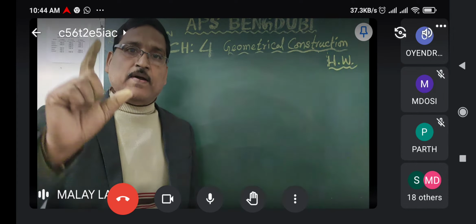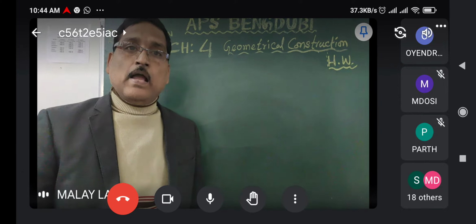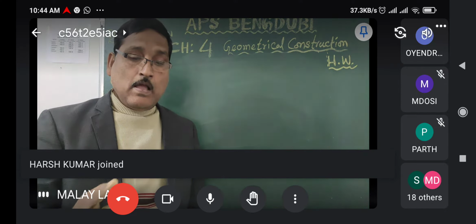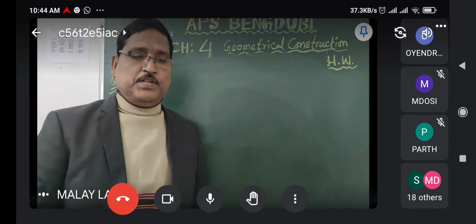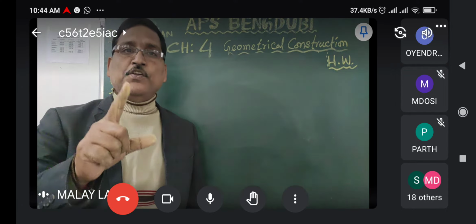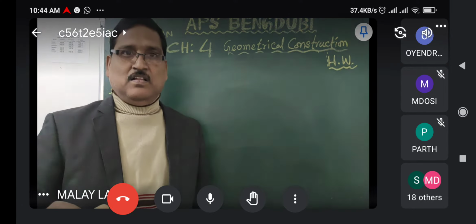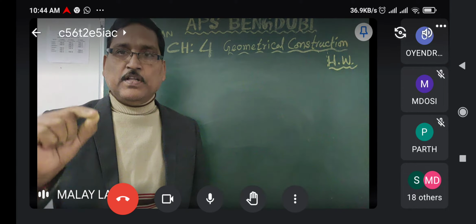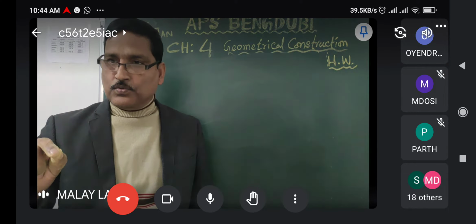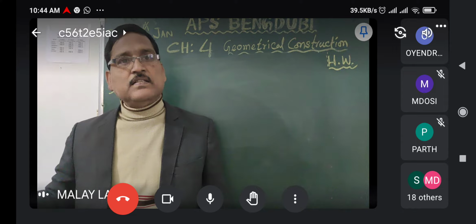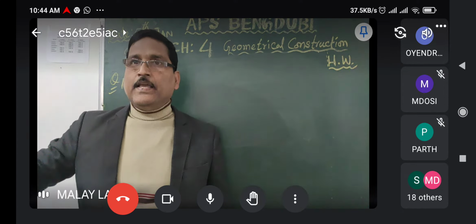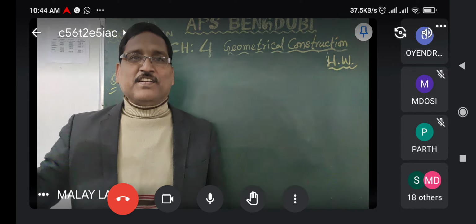Construction के बाद step must, and one step I will explain and remaining steps you will do. Step means how you have made it. That procedure point number 1, 2, 3, 4, 5, 6. Last number: hence ABCD is required quadrilateral.